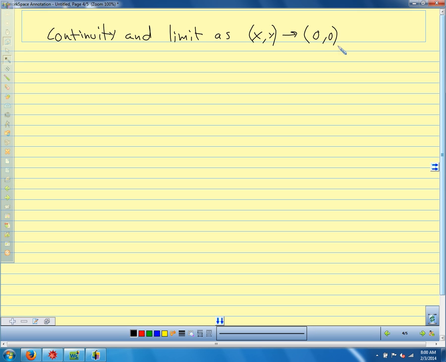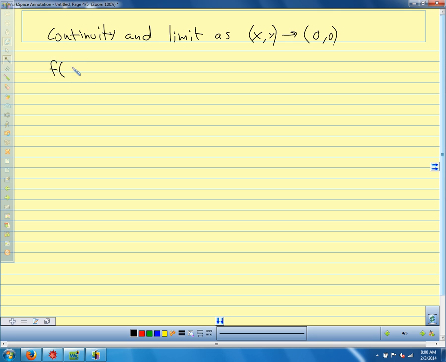And the term that they like to use in our book is discuss the continuity. A lot of students get intimidated by the word discuss. They're just saying, is it continuous? What's the situation with the continuity of this function? Is it continuous everywhere? Is it not continuous at some points? So that's what it means by discuss.